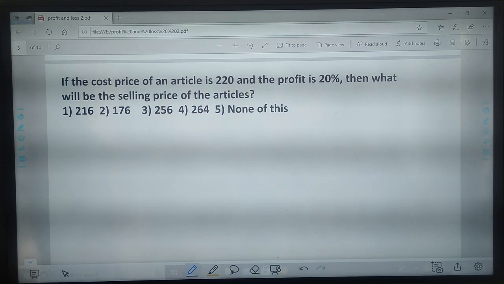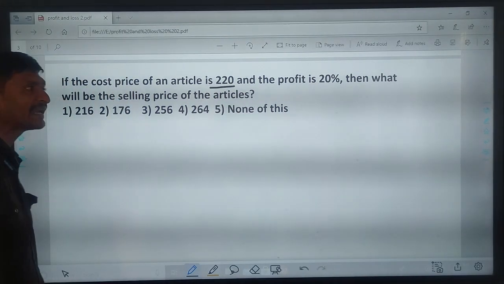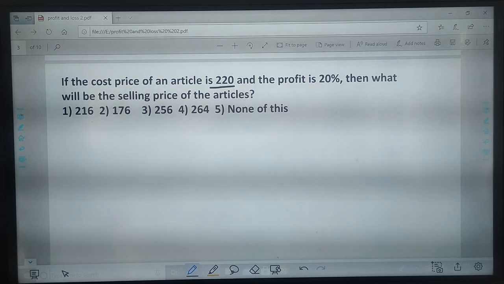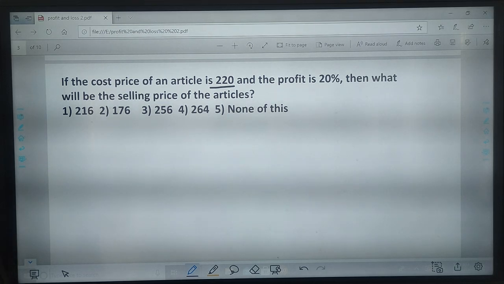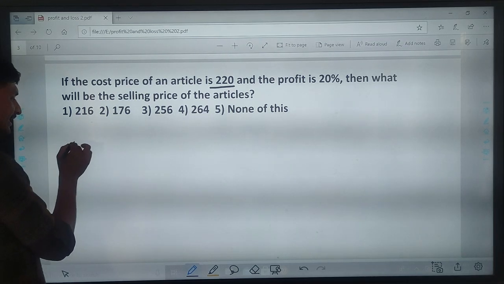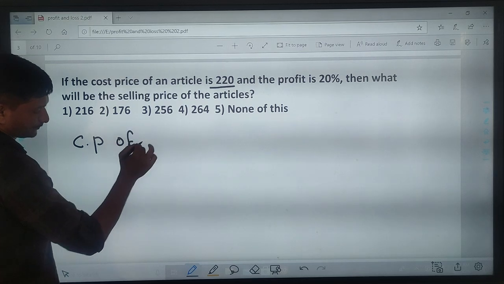Next, if the cost price of an article is 220 rupees, and the profit is 20%, then what will be the selling price of the article?